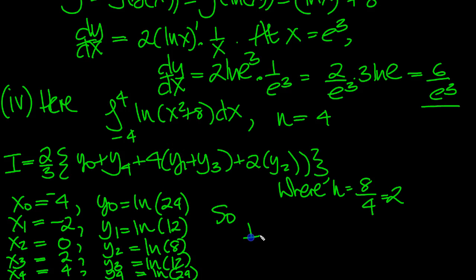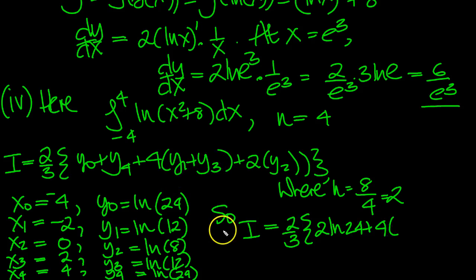So I equals then. I'm going to put it in the calculator in one fell swoop, but I'll write it down here briefly. 2/3 times the first plus the last, so it's this plus this, which is 2 log 24. Plus 4 lots of y1 plus y3, that one plus that one.